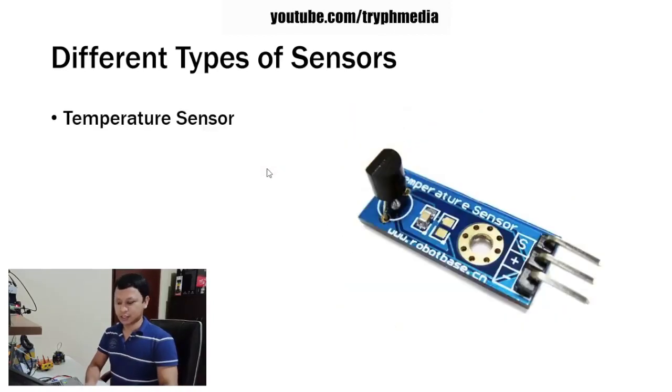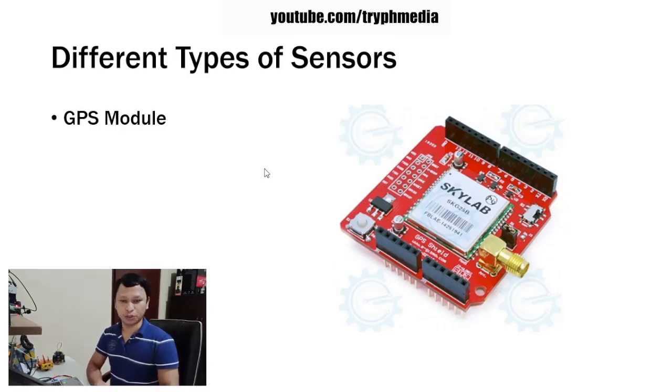Another sensor is the GPS module. The GPS is a type of sensor that's able to detect your GPS coordinates, your location. This is useful when, for example, you want to place a device in your car so that if your car is stolen, you would be able to detect where it is.